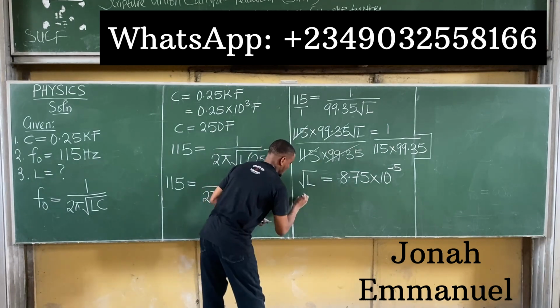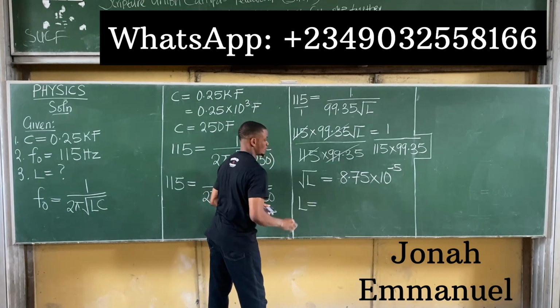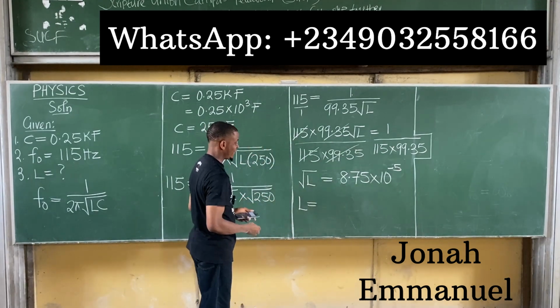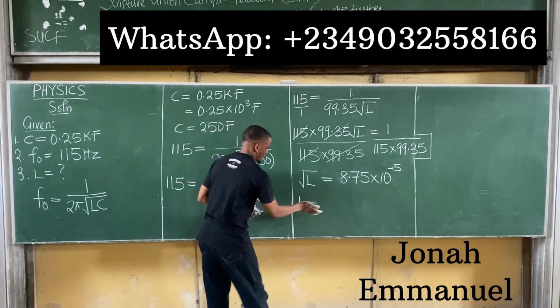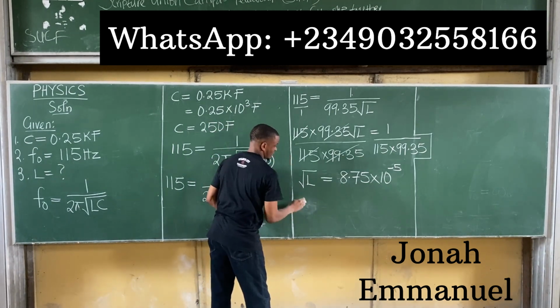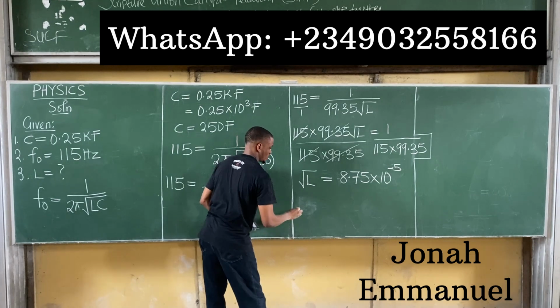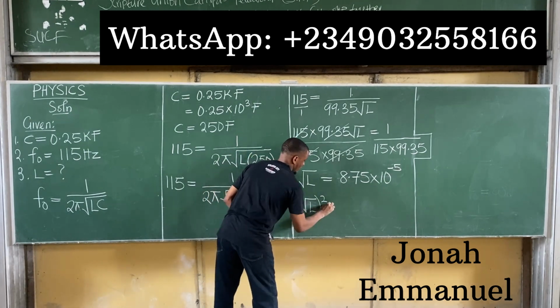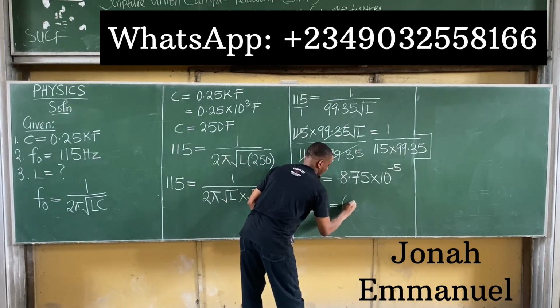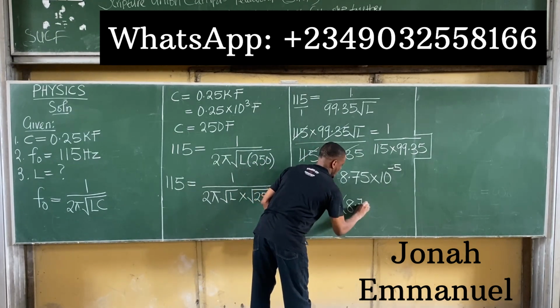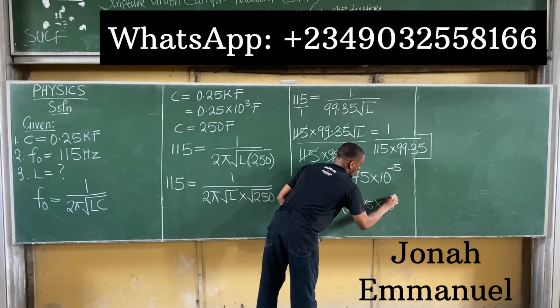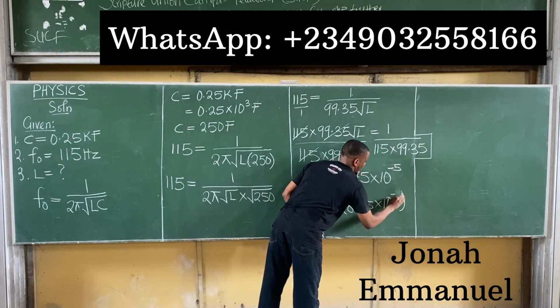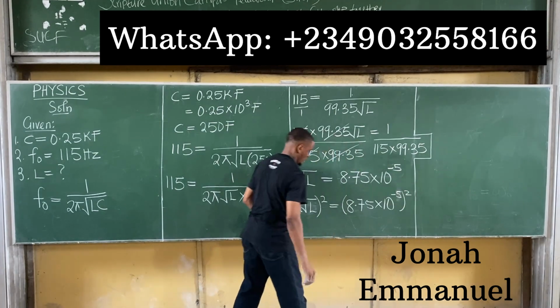From here, it means that L is equal to, of course, I'll have to square both sides. So square both sides, it becomes root L squared is equal to 8.75 times 10 to the power minus 5, all squared.